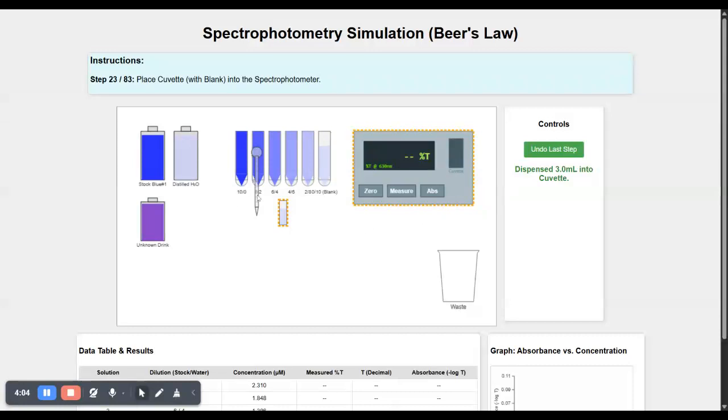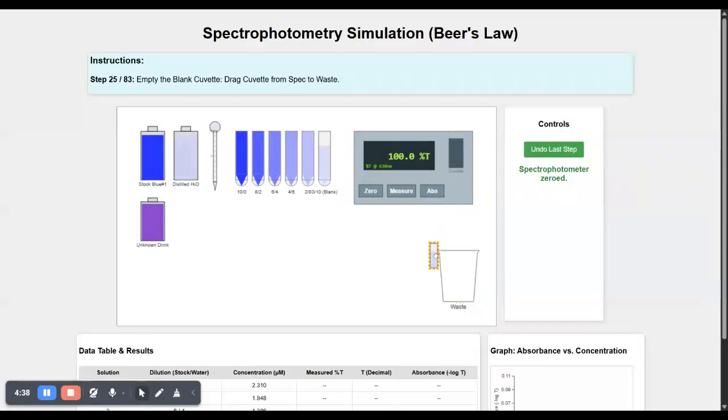As you remember, each time we grabbed less and less of the dye. So now we're going to place it into the spectrophotometer, and because we placed our blank, we're going to zero it. So we're basically balancing it. That's going to be our baseline.